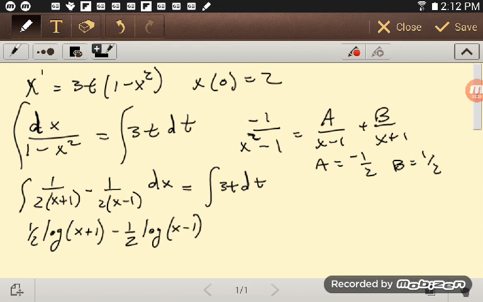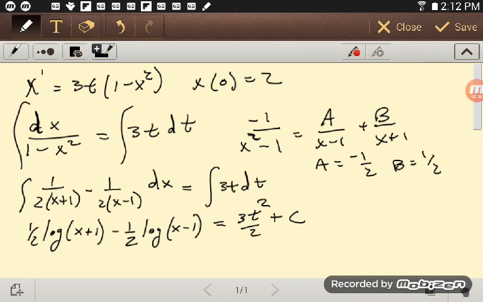However, I noticed that x of 0 is 2, so x is going to be at 2, and both of these things are positive. You know, x minus 1, that'd be 2 minus 1 is 1. Well, so actually 0, but these logarithms are non-negative, so I didn't put the absolute values in. And then equals 3t squared over 2 plus c.